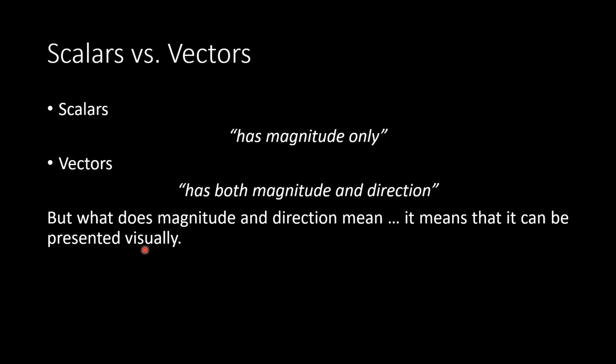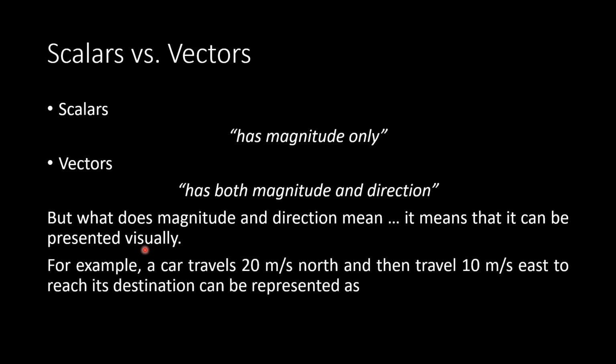So let's start with an example. Let's say that there is a car that is traveling 20 meters per second north, and then it travels 10 meters per second east to reach its destination. So now you've got these two conditions.